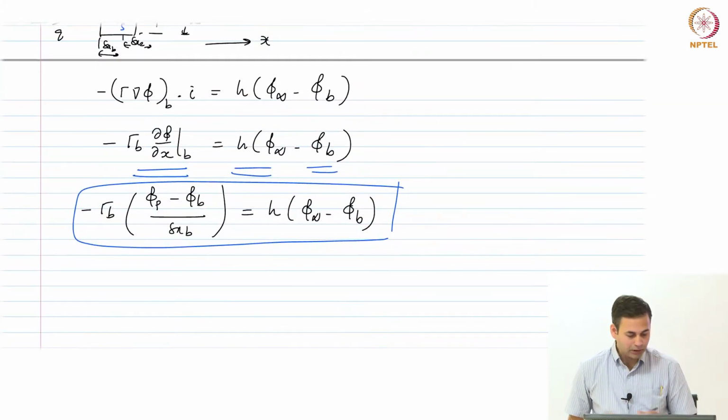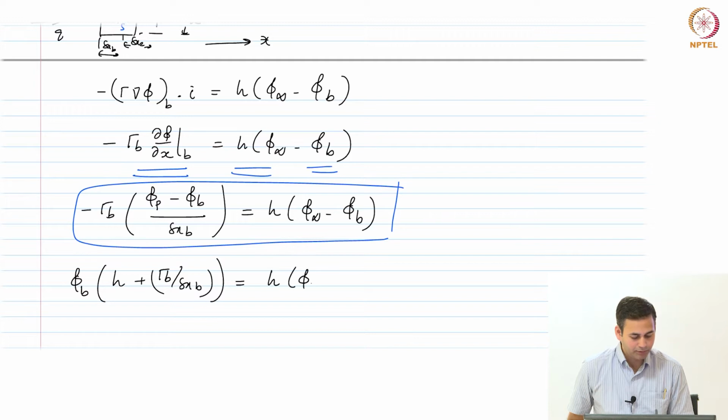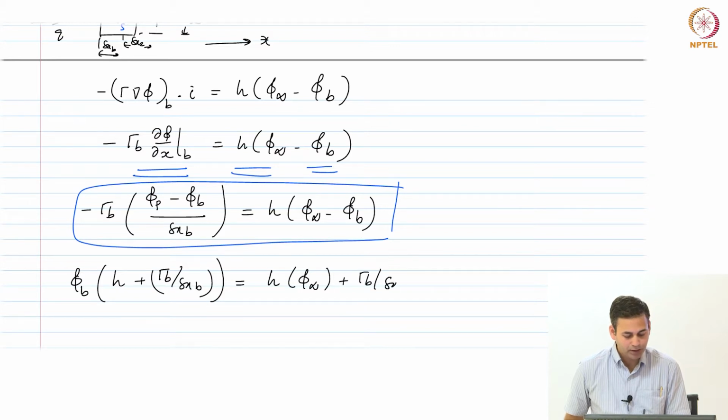That would be phi b times h plus gamma b upon delta x b, equals h times phi infinity plus gamma b by delta x b times phi p.